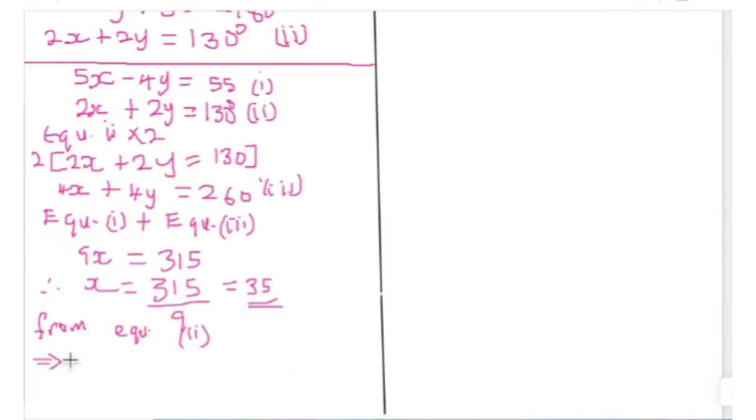So this will become 2 times 35 plus 2y is equal to 130 degrees. So we have 70 plus 2y equals 130 degrees.